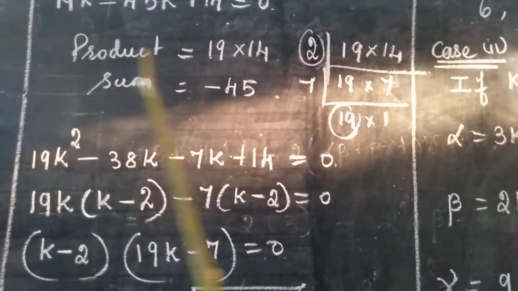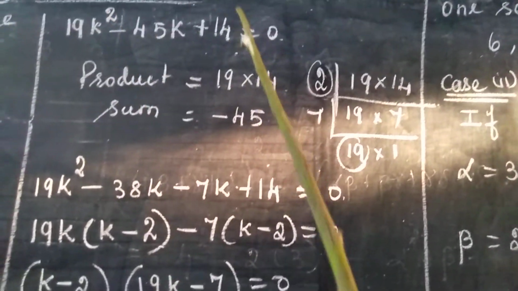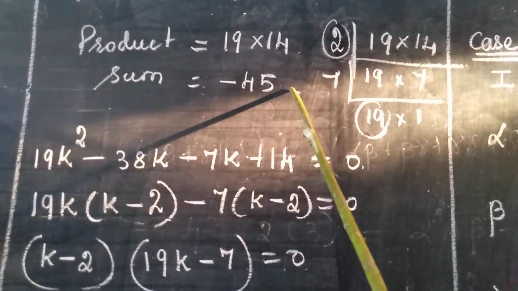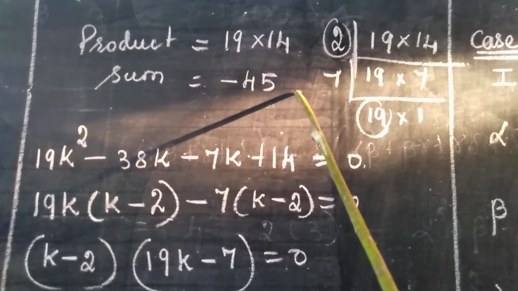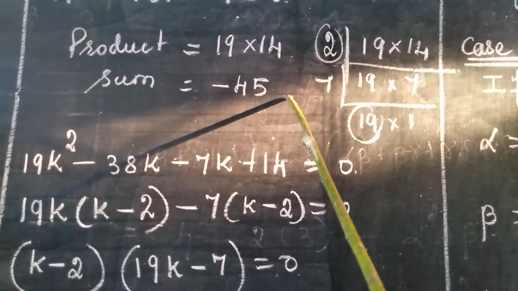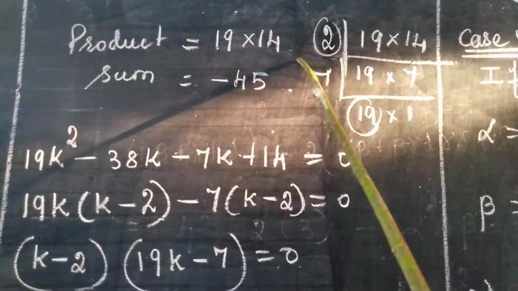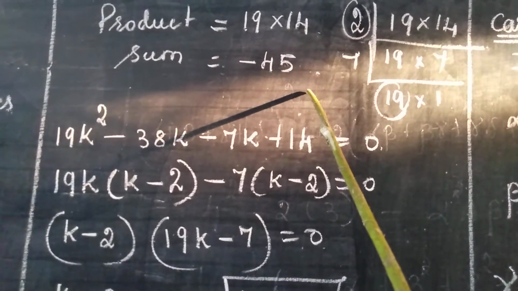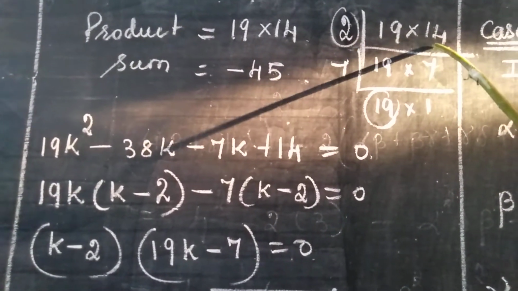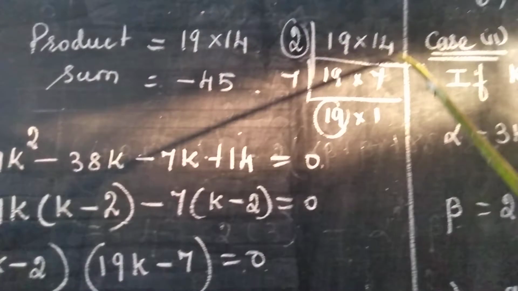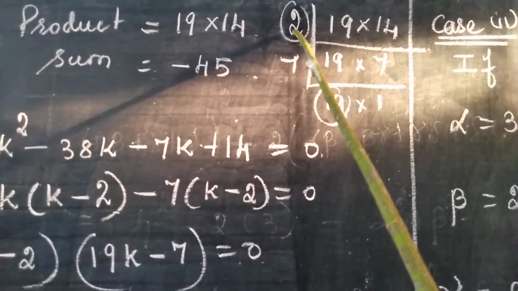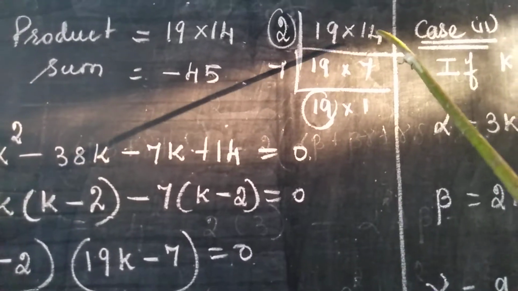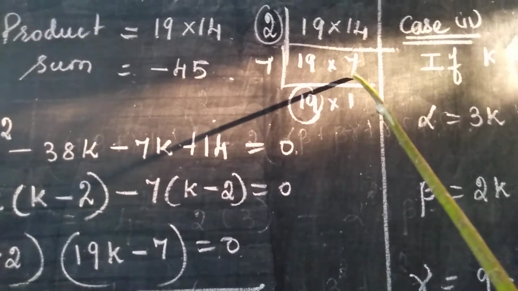Here the product is 19 into 14, that is 266, and the sum is minus 45. Now we have to find two numbers which, if we multiply, give this product, and if we add, give minus 45. This is the way I am trying to find them. 19 into 14: if we divide by 2, 19 we cannot divide, so we bring it down as it is, and 14 divided by 2 becomes 7.